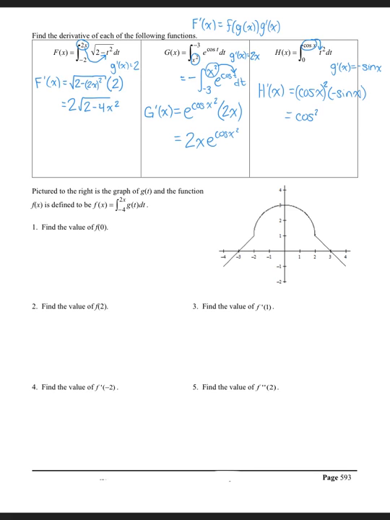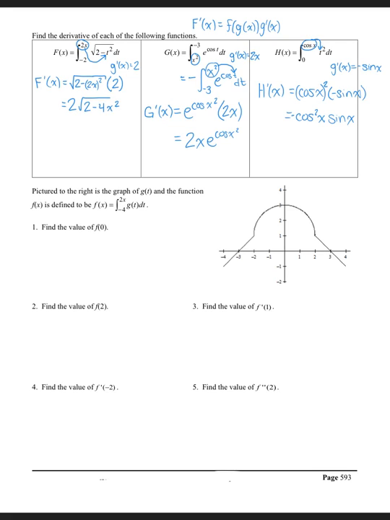You can throw the negative out front, that's fine as well. Negative cosine squared x sine of x. Or vice versa, it doesn't matter, it's multiplication. So that's how you do these, very straightforward, kind of a drill and kill.